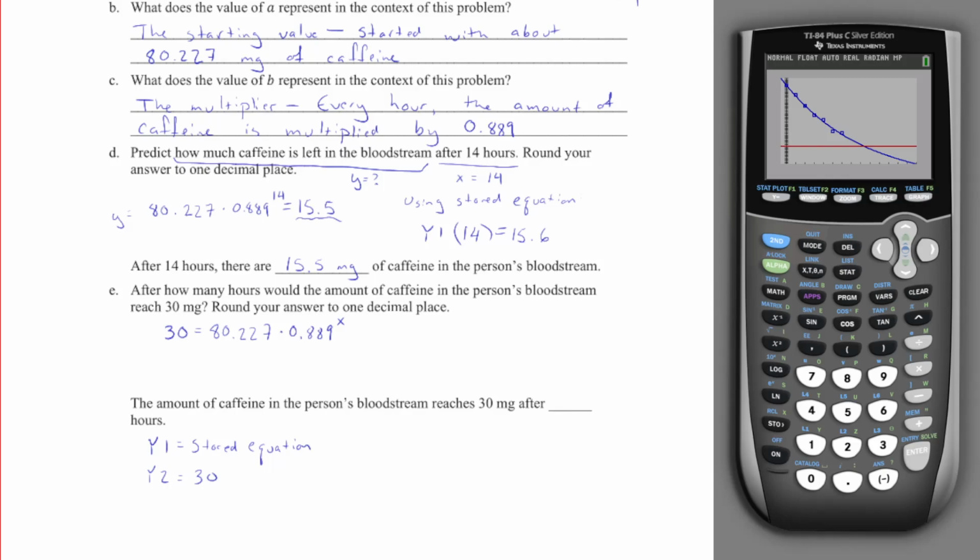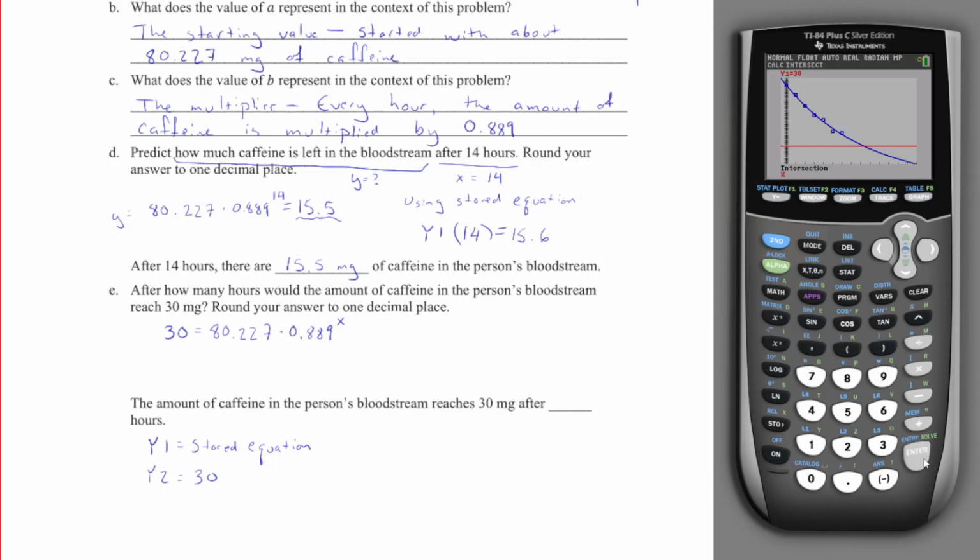To find the coordinates of the point where they cross, we're going to use that same intersect function that we used when we were working with quadratics. So we'll say second calc. We'll choose option 5, intersect. First curve defaults to the exponential. Second curve defaults to the horizontal line. And now when there's only one solution, our guess doesn't matter.